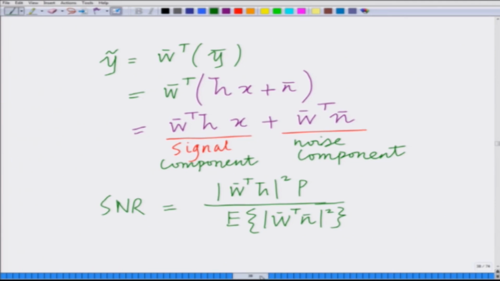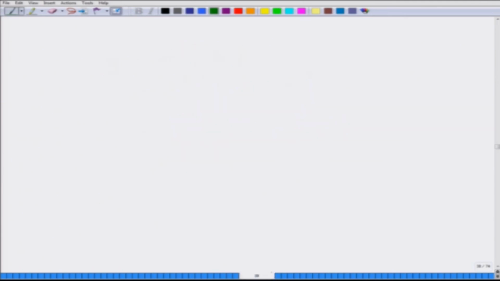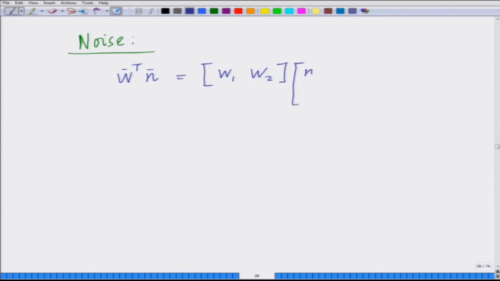Now, let us look at the noise power. Let us try to calculate the noise power. Consider the noise. The noise equals W bar transpose n bar, which is W1 W2 times N1 N2, which is basically W1 N1 plus W2 N2.